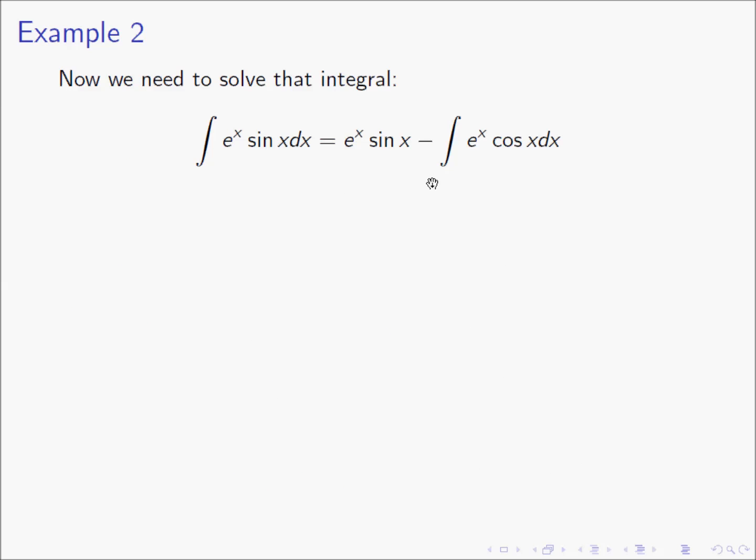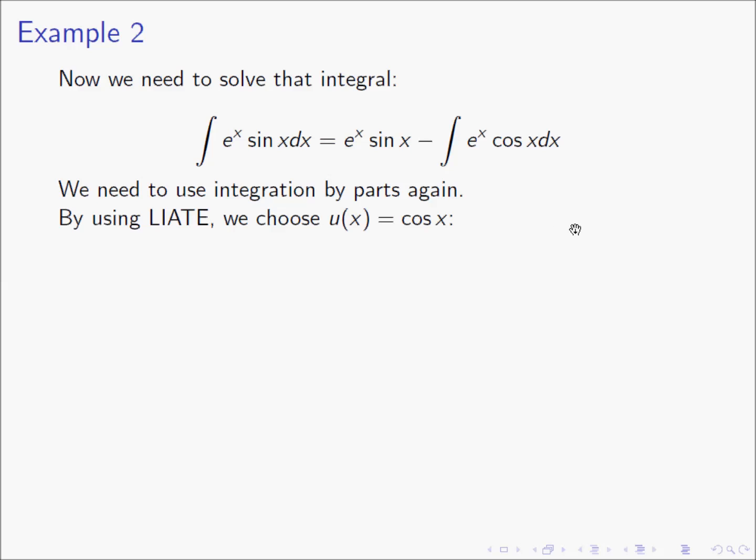So what we need to do now is to solve this other integral that is here on the right side of the equation. And to do that, we're going to use integration by parts again. We're going to apply the LIATE rule. Here we have an exponential and a trig function. The T comes before the E, so we choose u of x as the trig function, that is cosine of x.